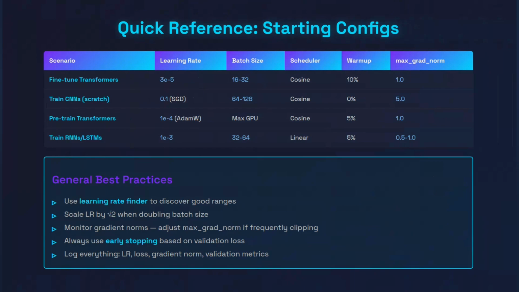For training transformers from scratch, learning rate 1e-4 with AdamW, batch size as large as your GPU allows, cosine with 5% warmup, and max grad norm 1.0. Remember, these are starting points. Always validate and adjust based on your specific results.